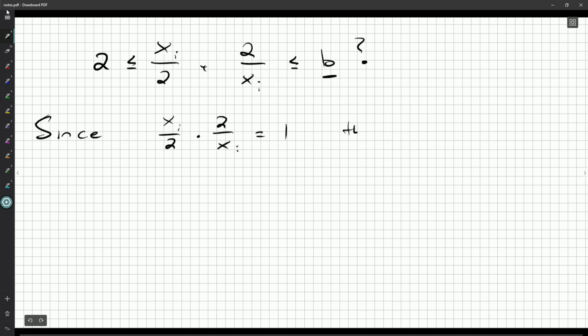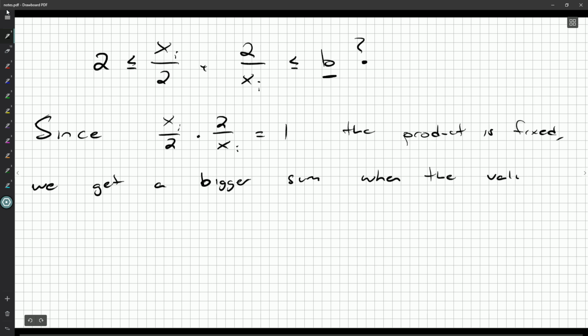Since the product is fixed, we get a bigger sum when the values are farthest apart. This is actually something that gets used every once in a while in questions.